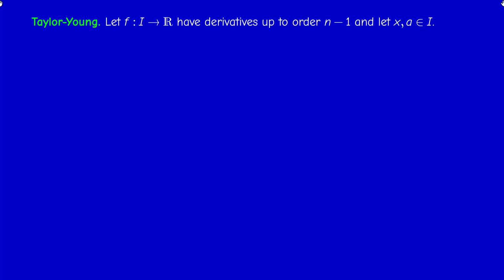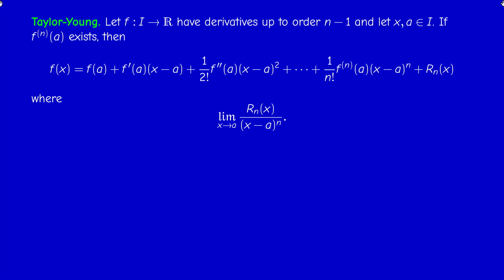So here are the exact assumptions. Taylor-Young. The assumptions are the following. We assume that f is n times differentiable, that is, its n minus 1 derivative is differentiable at the point a. So we just assume differentiability at the point a.